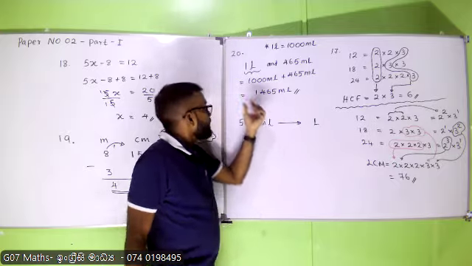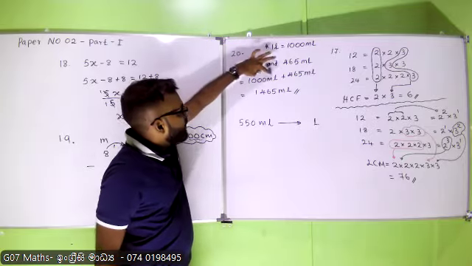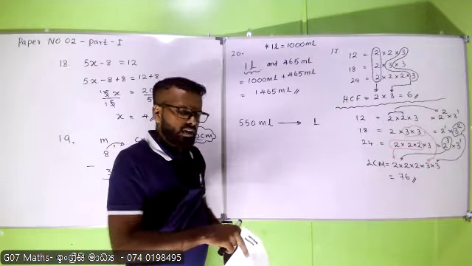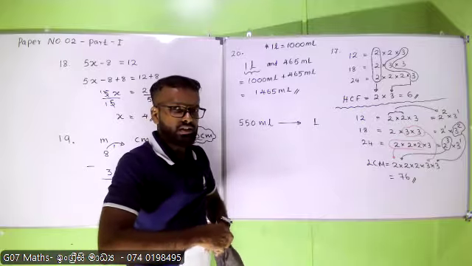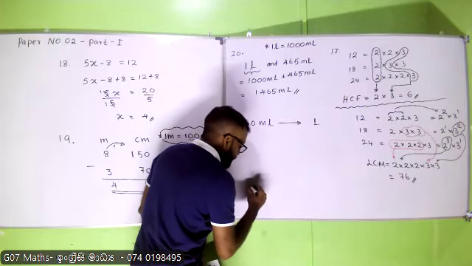Elder into milli, like 1 liter into milliliter, again elder into milli is multiply. Each and every unit conversion, this is valid. So this is the thing that you need to remember.